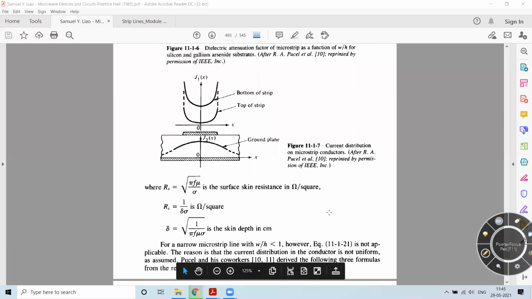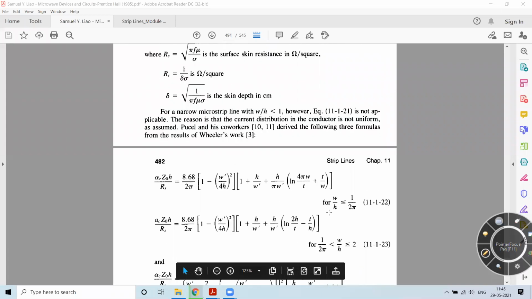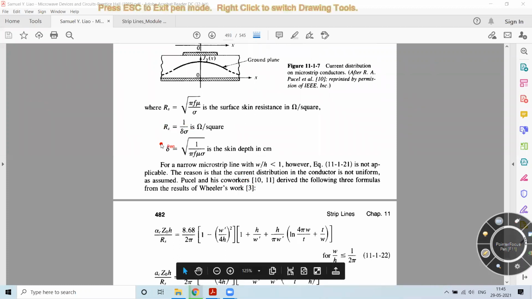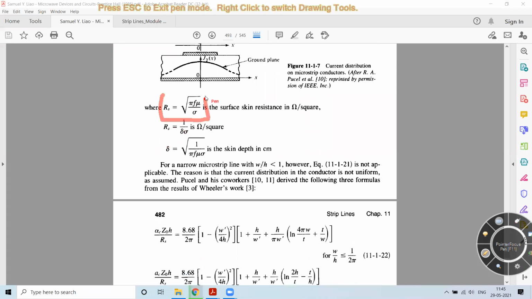So what is basically the skin resistance? In this case, again, it is given with respect to the skin depth. It is the square root of pi into f mu divided by sigma, which is the skin resistance, and it is given in terms of ohm per square.